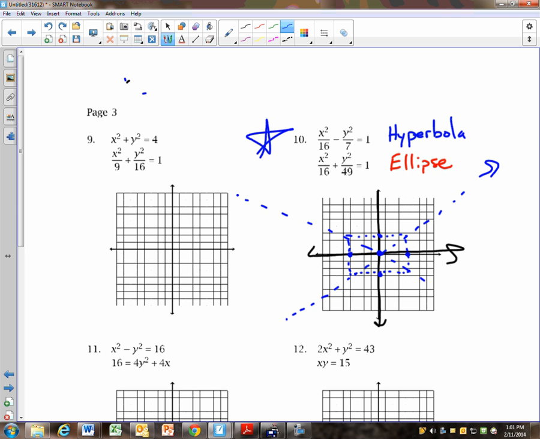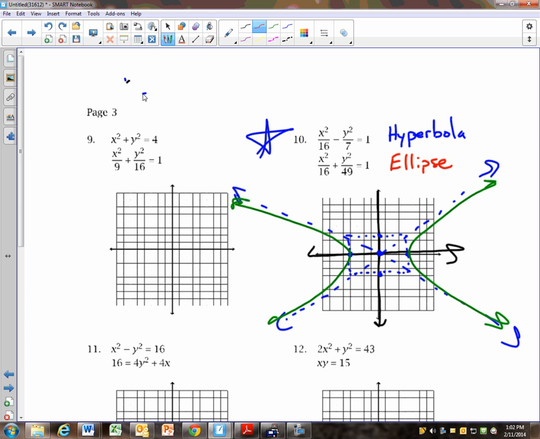And is this a horizontal hyperbola or a vertical one? Why? Because y is negative and x is first. Very good. That's my hyperbola. What's the center of my ellipse?